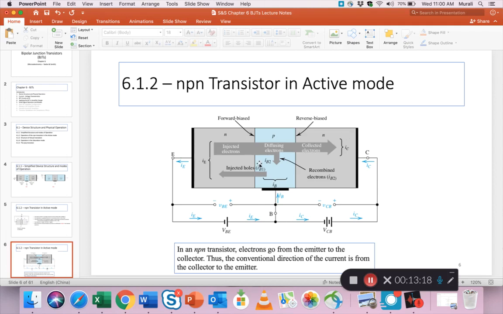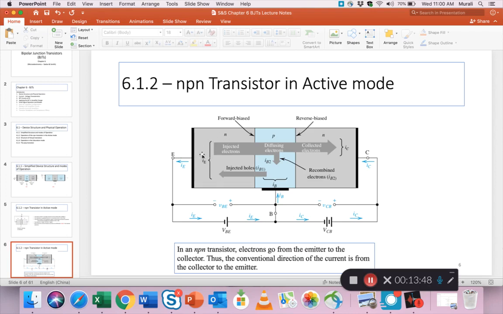Now there are two batteries connected to these three regions, right? One region is kind of common, it's the base, and so the first battery is called VBE, capital BE. The positive of this is connected to the base and the negative is connected to the emitter, right?